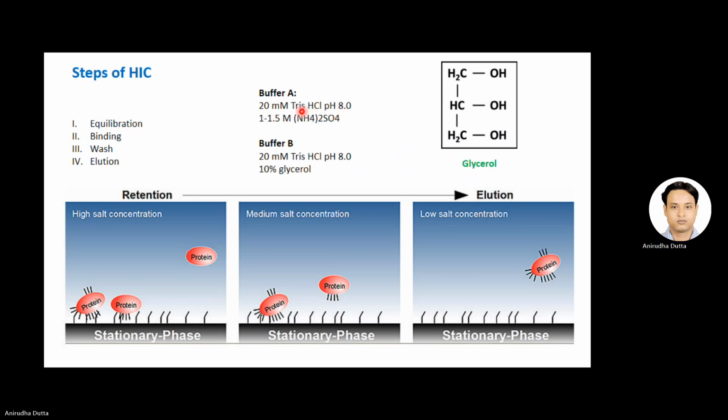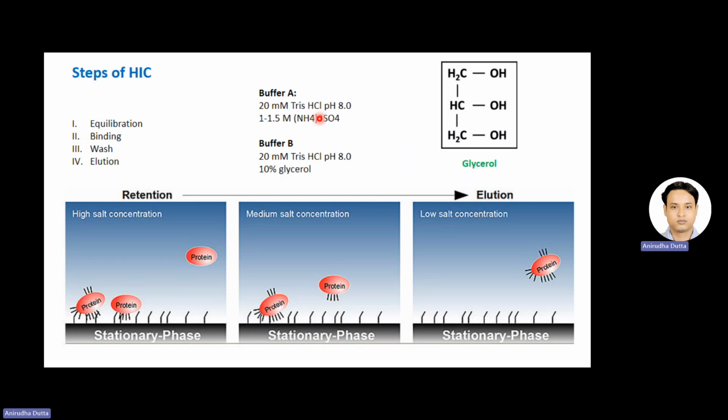So then we have to apply the protein in the binding stage when the protein is in 1 to 1.5 molar ammonium sulfate salt. That's why we are discussing salting out and hydrophobic interaction chromatography together, because the obvious step after salting out would be hydrophobic interaction chromatography. Why? Because after salting out, your protein is already in high ammonium sulfate salt, isn't it?